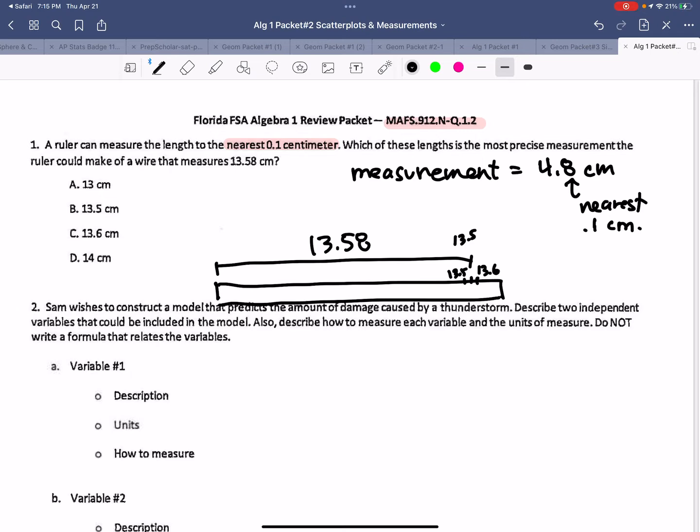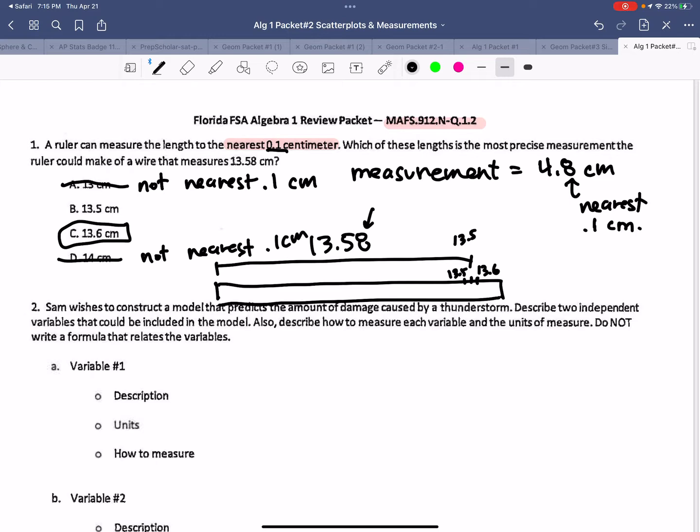So I should round up, and that's as accurate as I can get. This is not to the nearest 0.1 centimeters. This is not to the nearest 0.1 centimeters. But I should be able to get to the nearest here.